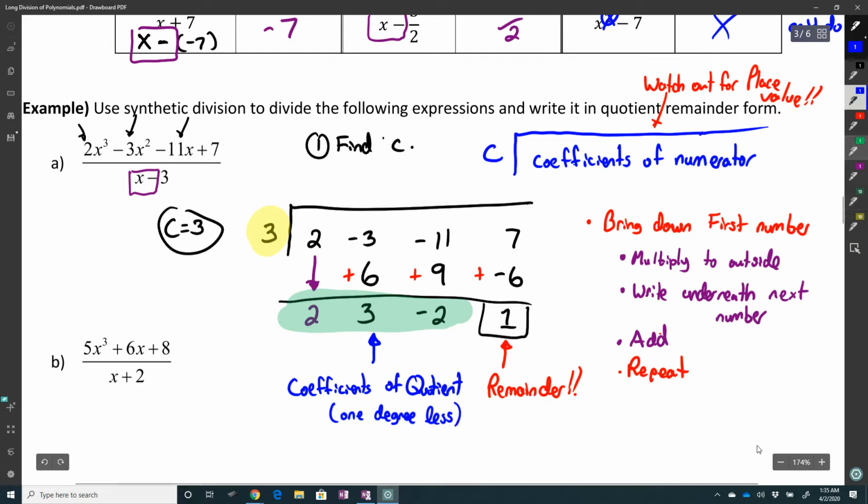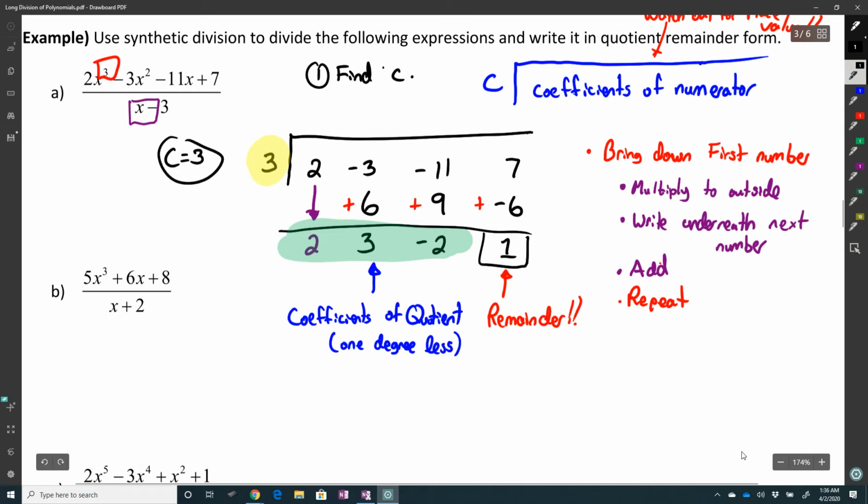So notice I started this problem as a degree 3, so that means that this has to be degree 2. So my final answer is going to be 2x squared plus 3x minus 2, and then I have a remainder of 1. And my denominator for the whole thing was x minus 3.